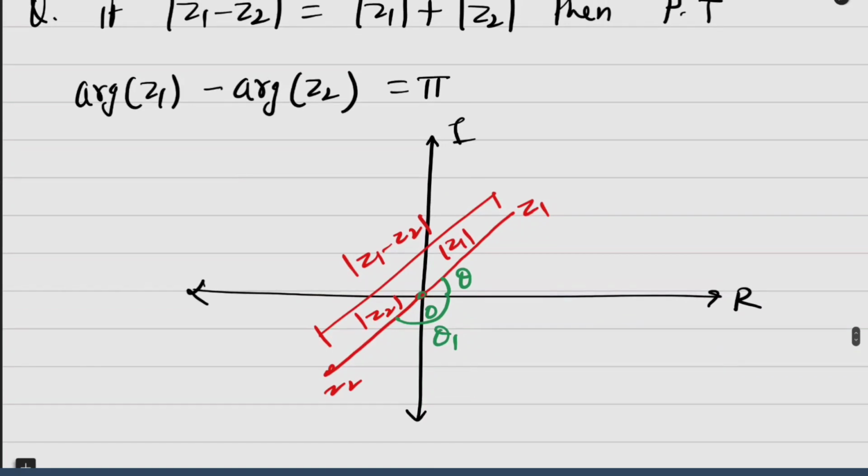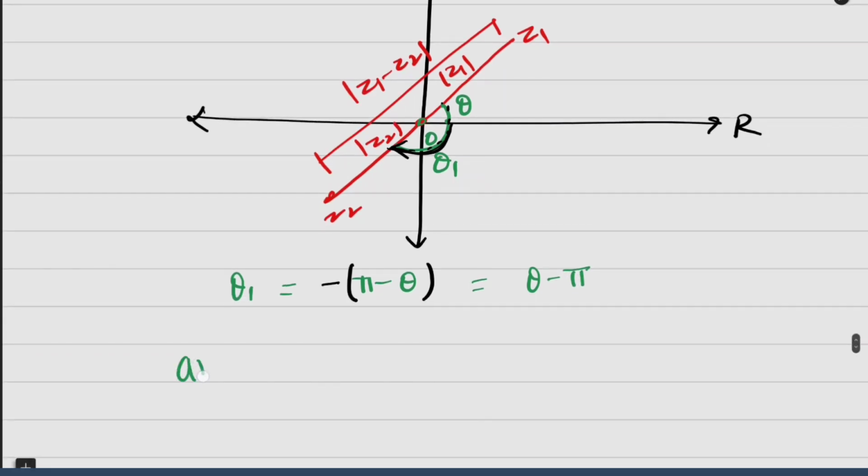But theta 1 is nothing but pi minus theta, because together they make a 180 degree angle. But it is in the clockwise direction. The angle made with z2 is in the clockwise direction, so we have to put a negative sign here. So it becomes theta minus pi.